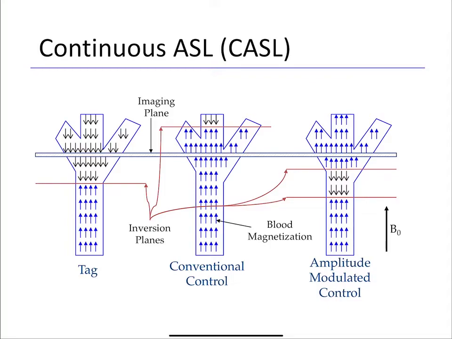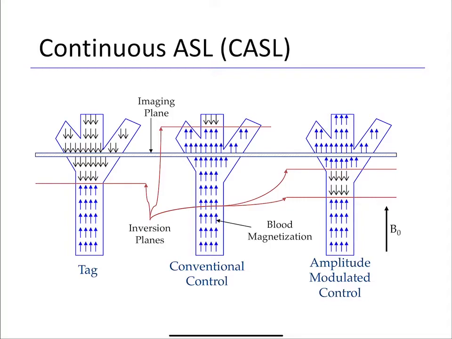Continuous ASL was one of the first ways ASL was used, but it's never used, at least for humans on clinical systems, because the scanners' RF, the radio frequency amplifiers, just can't support it. So you might see these used in animals or with special coils, but for the most part, you'll never see CASL for very standard sequences.